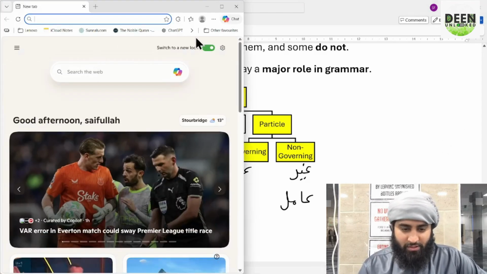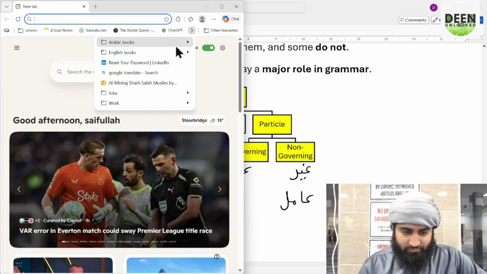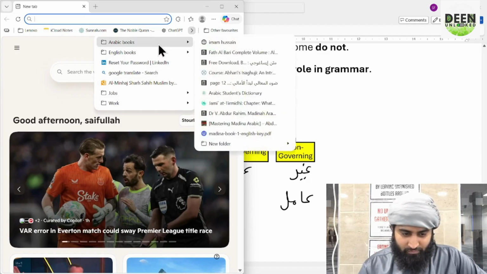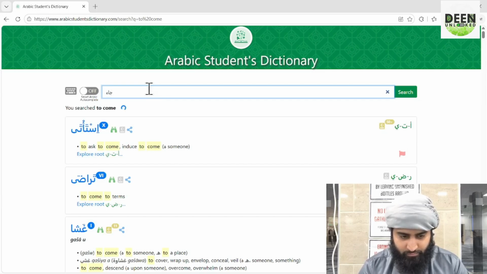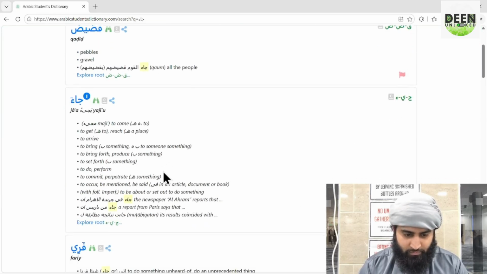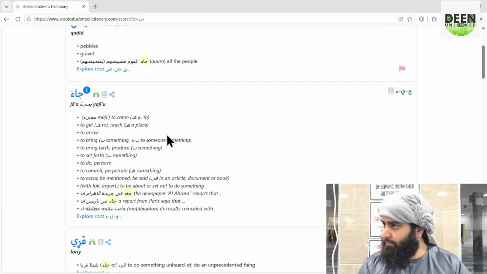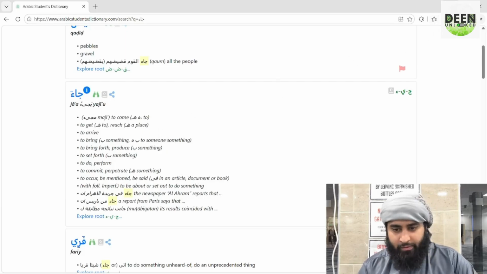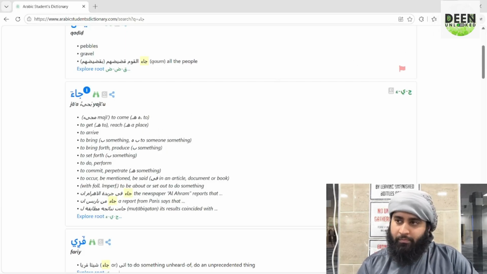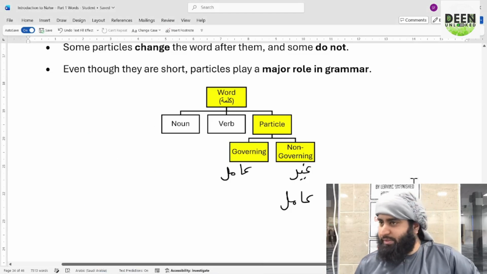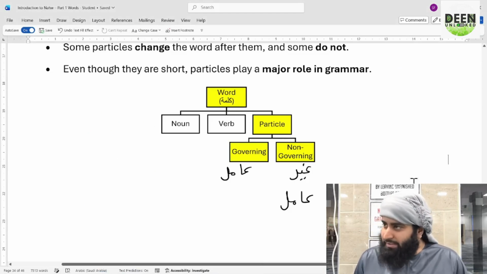Together we'll check, don't we? To come. Ja, yeah? Ja. Okay? So let's put this into perspective. Look, I'm going to give you an example.